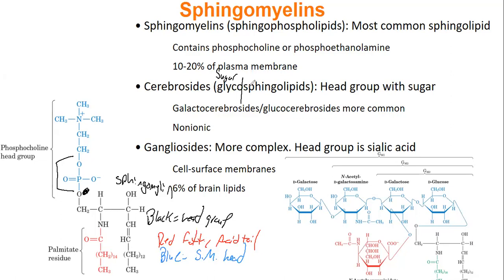And we can even get more complicated sugars, and we call that a ganglioside, where you have this massive sugar attached. So I know the picture's a little cut off, but again, black here is our normal sphingolipid. And the green is our sialic acid.